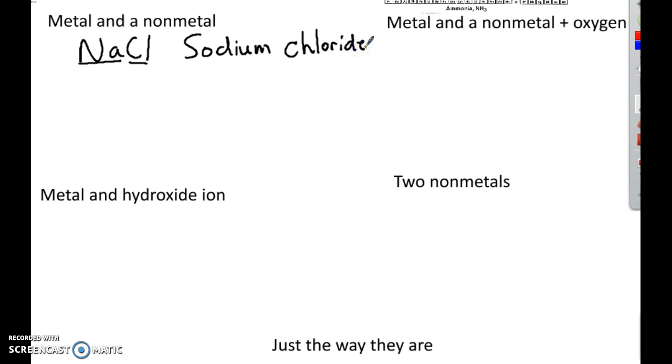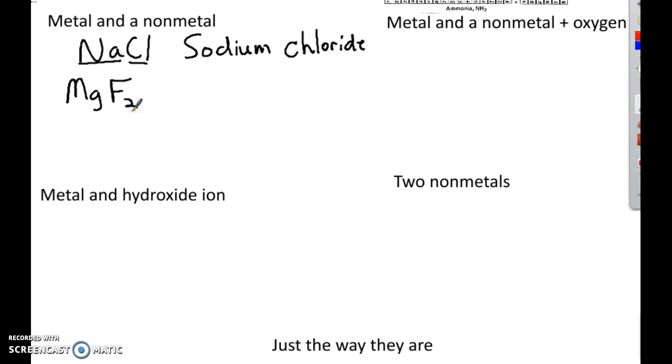So now if we see the name sodium chloride, that tells us we have sodium and chlorine, but the chlorine is by itself. It's just chlorine and sodium hooked together. One other quick example: magnesium fluoride. Whoops, sorry, I already named it for you.